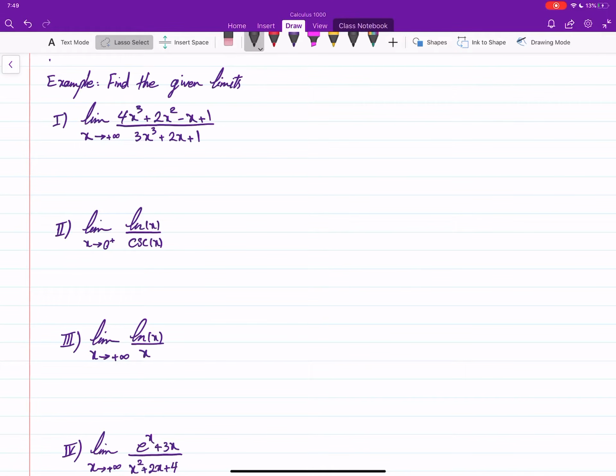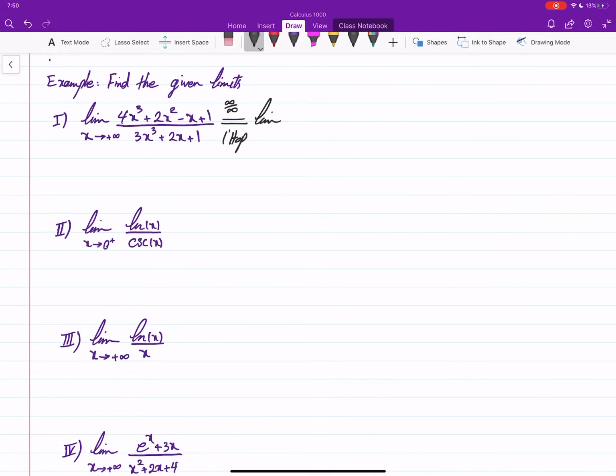Okay, so the same limit as before, polynomial over polynomial, and right away you see that it's infinity over infinity, and well, all the conditions are there. We can use L'Hopital. And what is L'Hopital saying here?